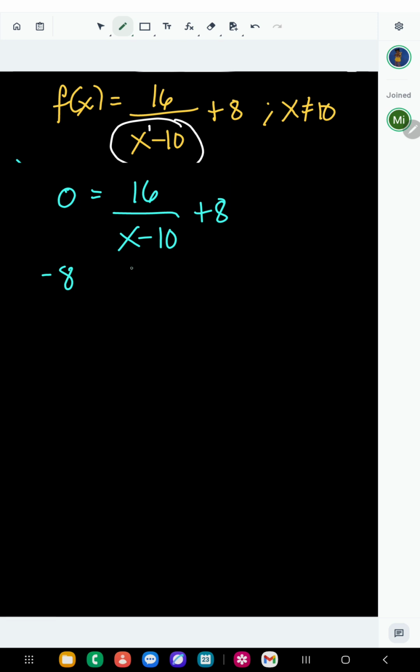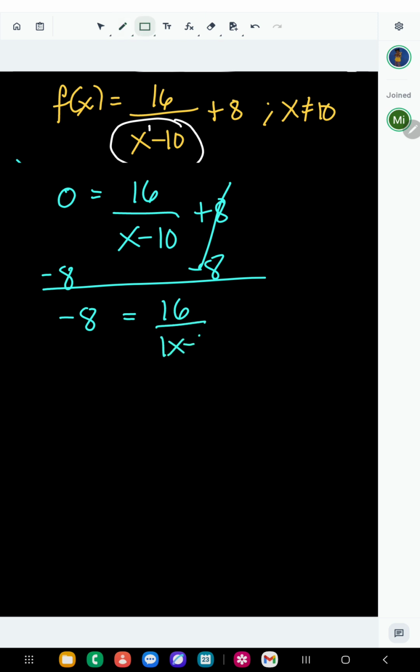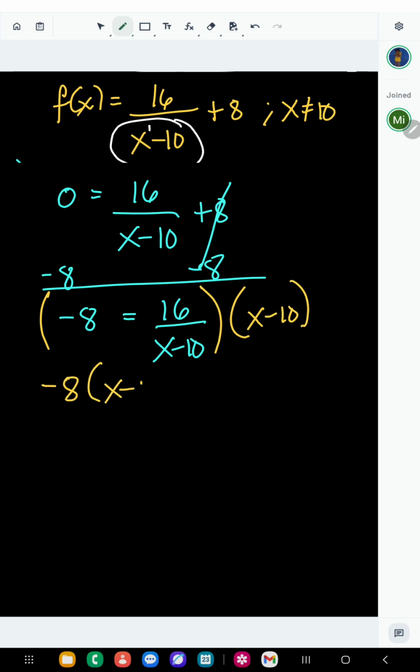Then we subtract 8 from both sides. Then we have negative 8 equals 16 over x minus 10. Then we multiply both sides by x minus 10. So this is negative 8 times x minus 10 equals 16. Then we distribute negative 8.